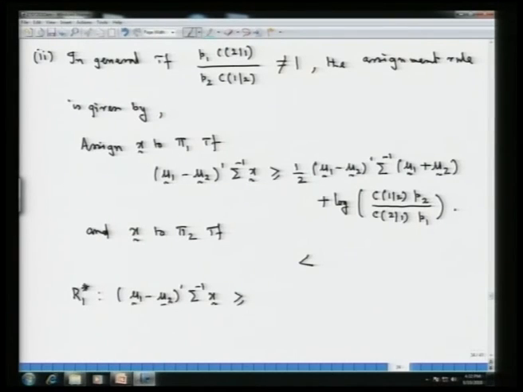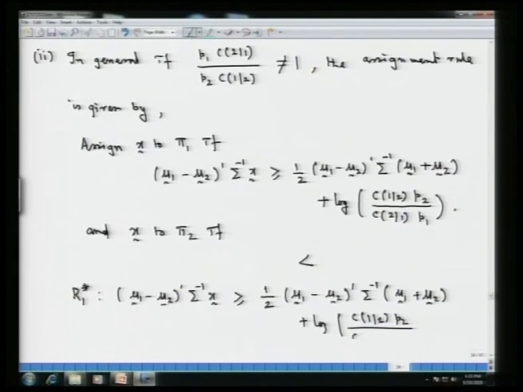This is greater than or equal to, so it is the region of all x's for which the left hand side here is greater than or equal to the right hand side, half (mu 1 minus mu 2) prime sigma inverse (mu 1 plus mu 2), plus log of this C(1 given 2) divided by C(2 given 1) times, and R2 star, the region for assignment to the second population, would just be given by this less than this particular term.